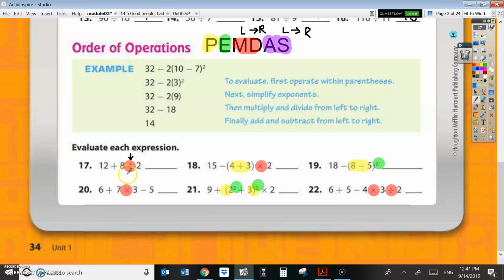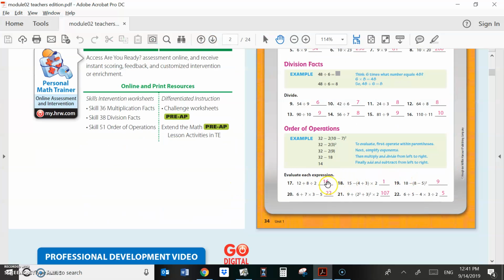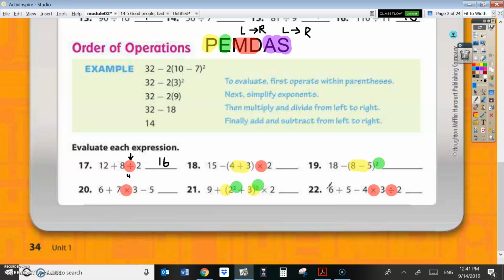8 divided by 2 is 4. 12 plus 4 is 16. Let's double check that. 16 looks good. Okay, do this part first because it's parentheses. So 4 plus 3 is 7.